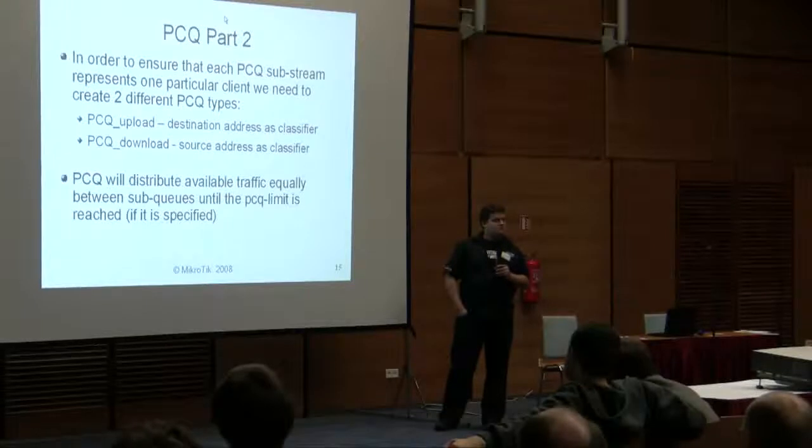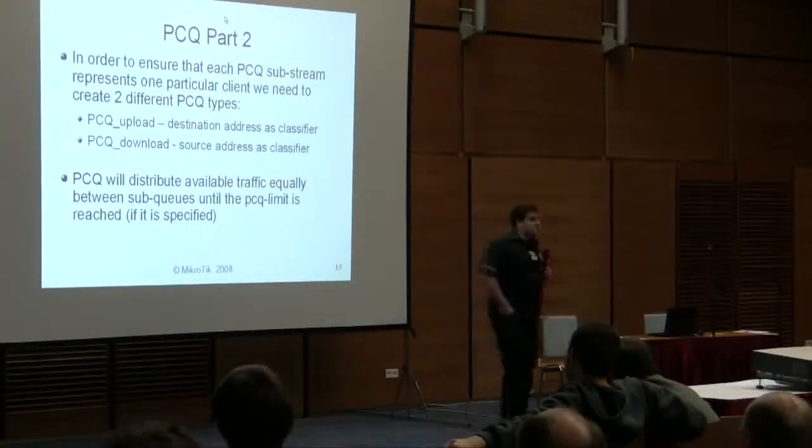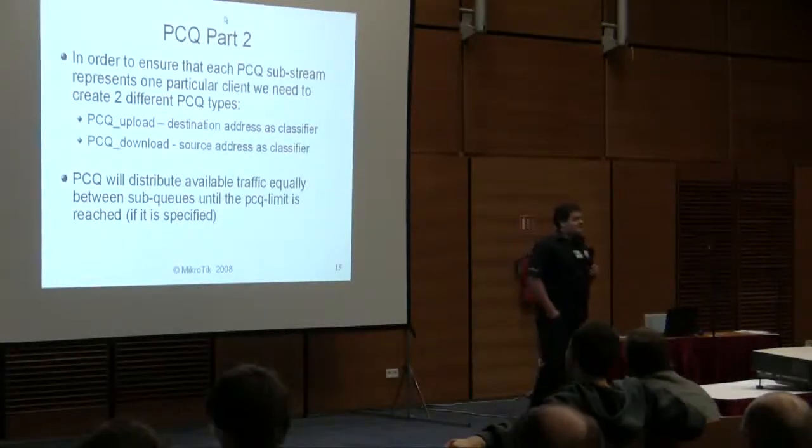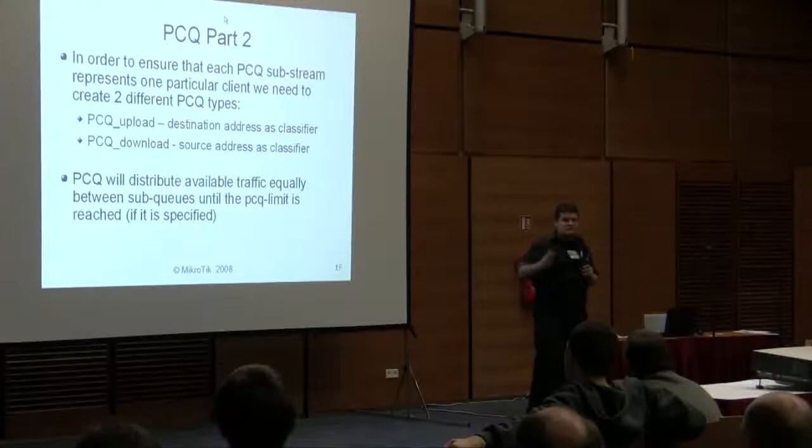Is it correct or no? Yes, it's correct. I'm just checking it out. So this client upload, where the traffic is going. Let's think. So upload, where it is going. From the client. So is it correct or no?